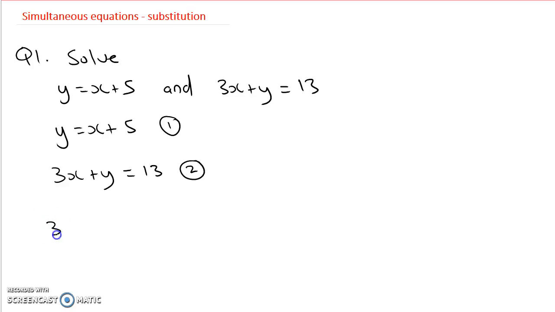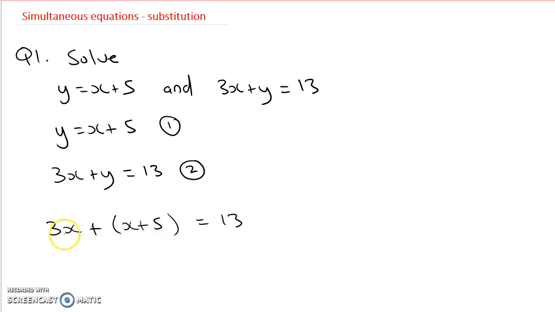So let's write out 3x plus, instead of y, we'll substitute in x plus 5 equals 13.